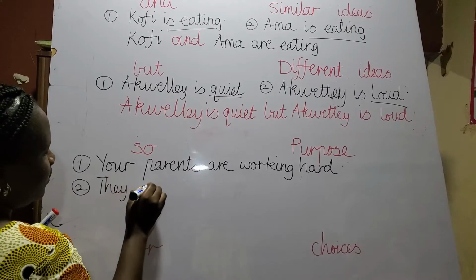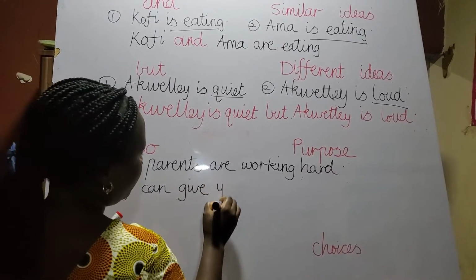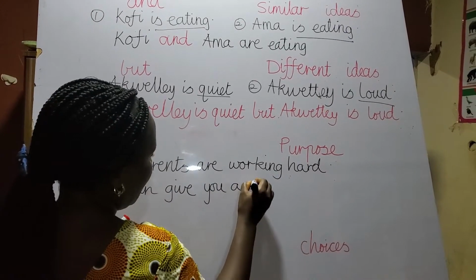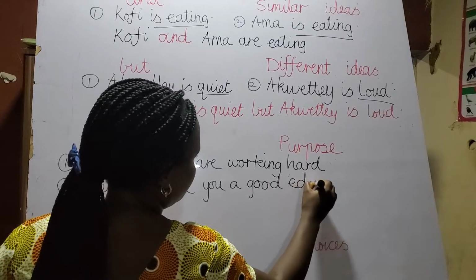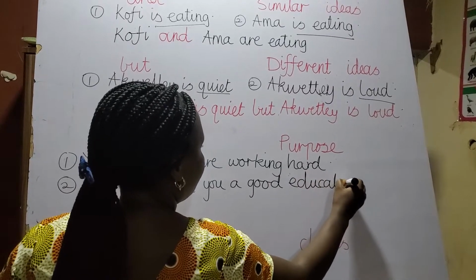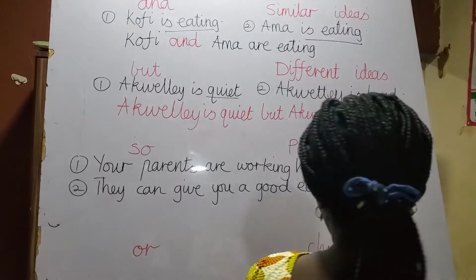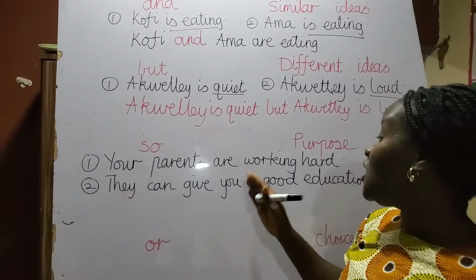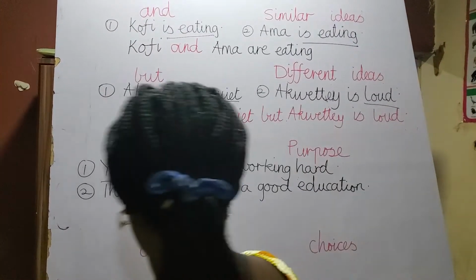They can give you a good education. Sentence 1 says, your parents are working hard. They can give you a good education. Now let's join them using the conjunction so.